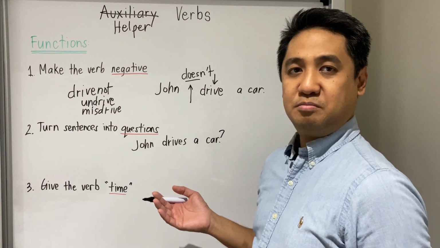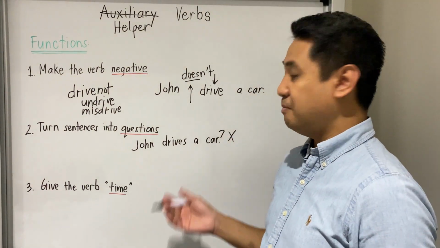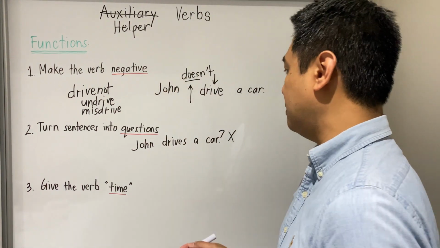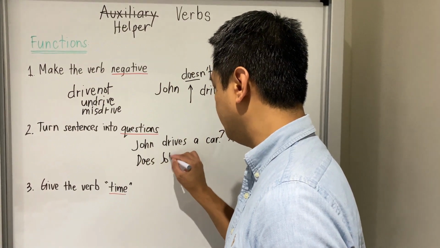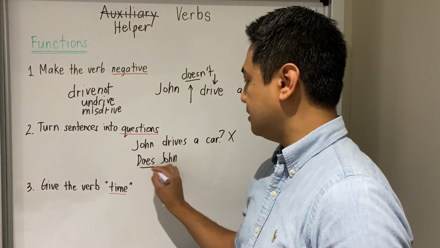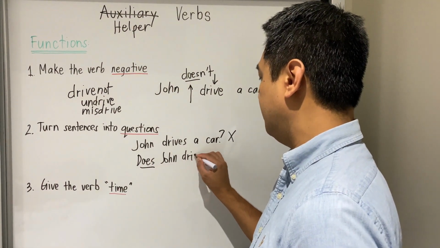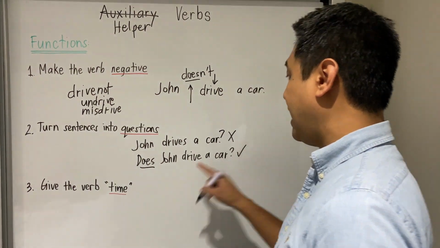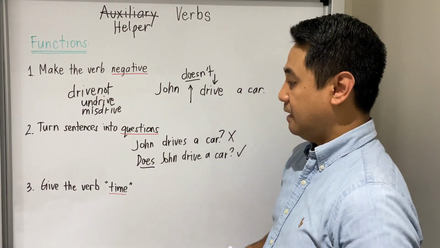Well, no, we can't do that. We need help. The verb needs help. So what do we do? We use another helper verb. Does John, and because this gives you present, drive a car. That's the question form with the help of a helper verb.